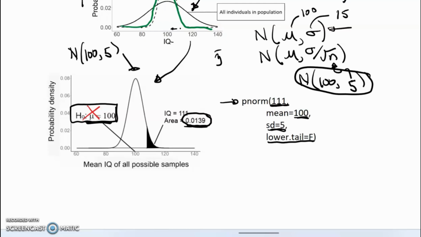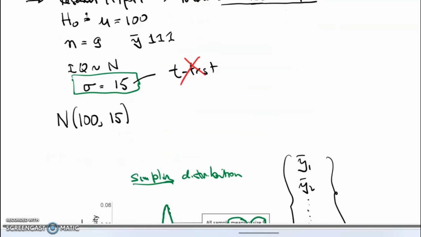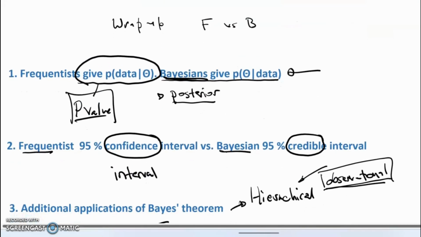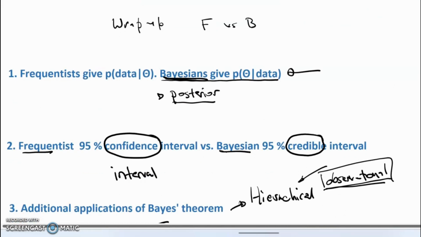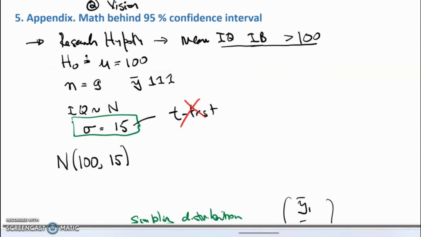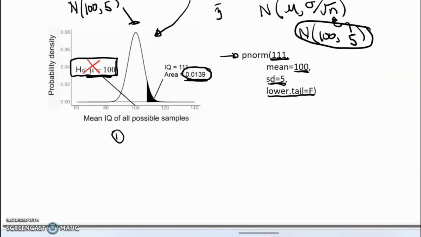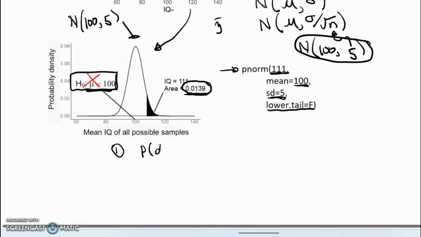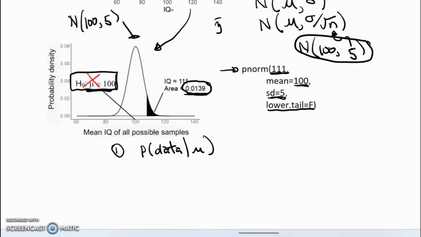A few other things to point out about the p-value. First, if we scoot back up here, it gives us the probability of the data conditional upon the parameters. So it's the probability of the data conditional upon the parameter, which in this case is going to be mu.